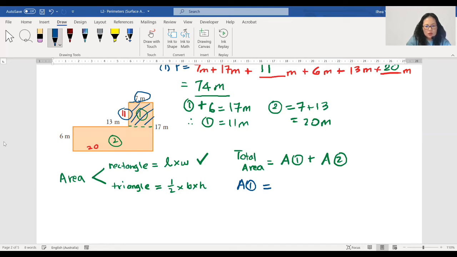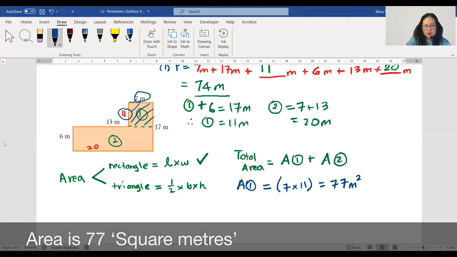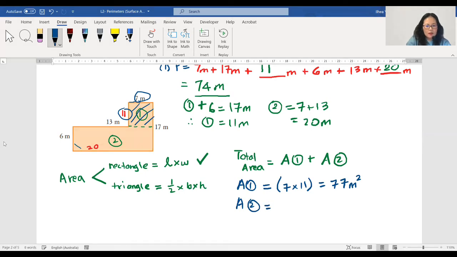So I'm going to go 7 times 11, and that's 77, and that will be my area for first shape, in meters squared. And the area 2 is, I'm looking at this one, right? My length and width, I just need 2 values on this shape. I have 6 and I have 20.